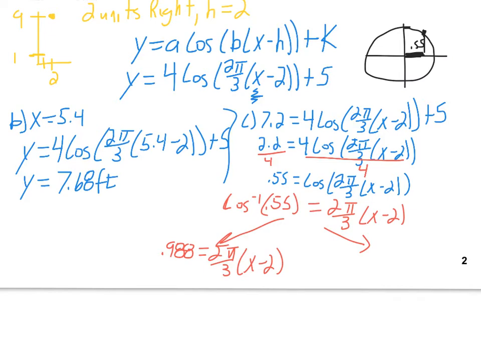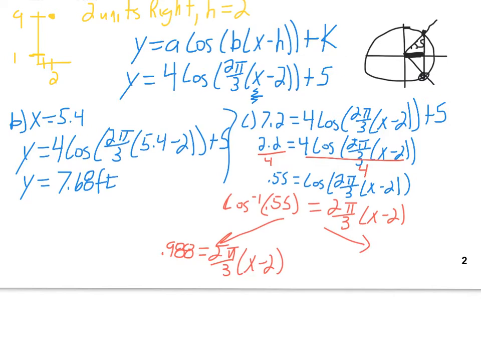So therefore, up here and down here, that means I have an angle right there, and then I got another angle down here. I need to find both angles.